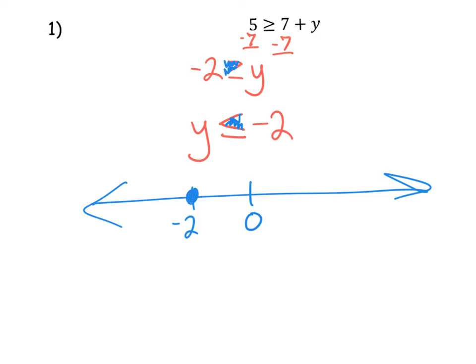It says less than because it makes an L, right? Which direction is less than? Left, right? So make sure that your arrow goes to the left. And we're done. Closed circle at -2, going to the left. All right, next problem.